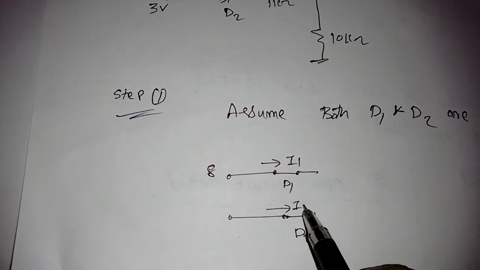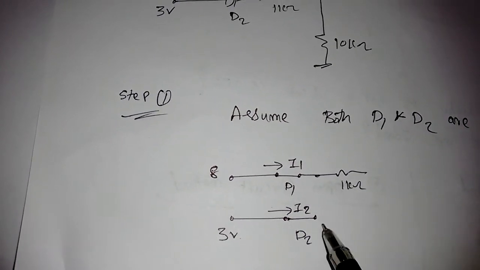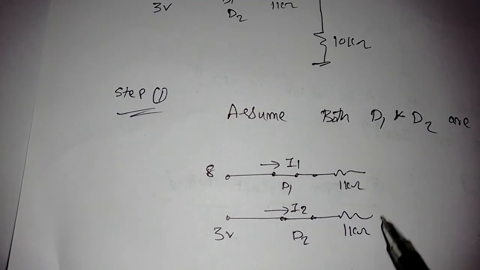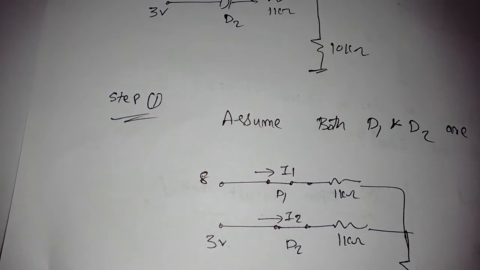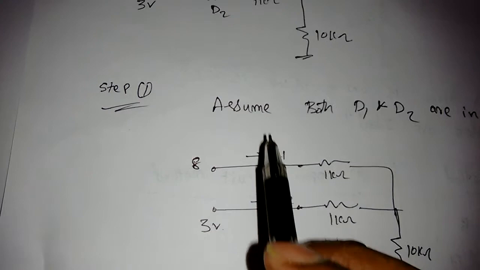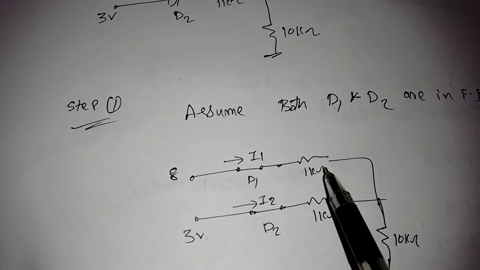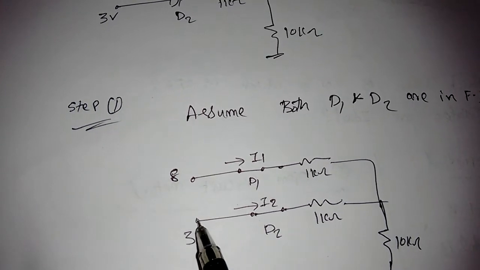Suppose I assume currents I1 and I2, this is 3 volts, and here there is a 1 kilo ohm, this is 1 kilo ohm, this is 10 kilo ohm. Now how to find I1 and I2? It's very easy. Three resistances and 2 independent sources.